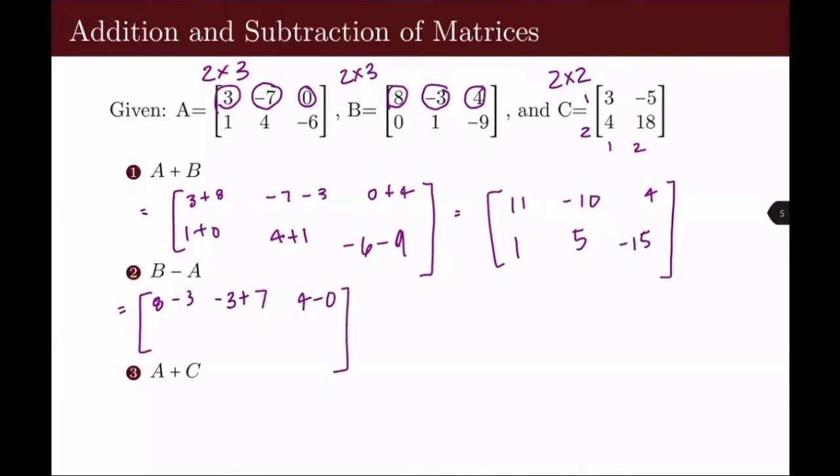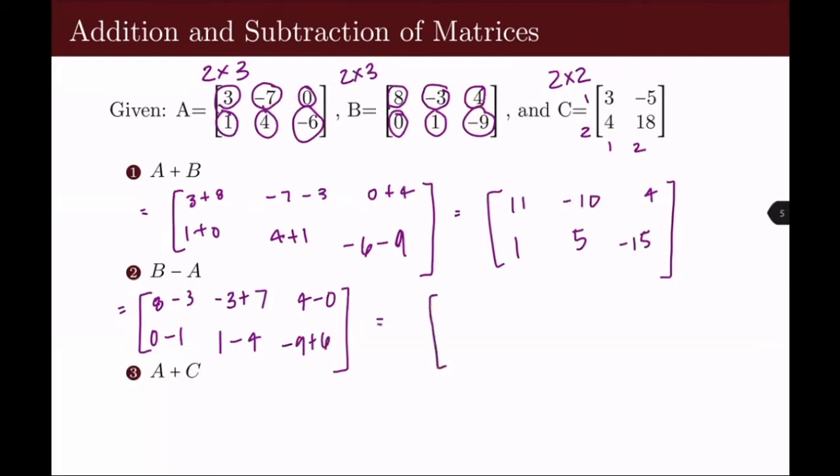Moving on to row 2, we'll have 0 minus 1, 1 minus 4, and then -9 minus -6 is just -9 plus 6.